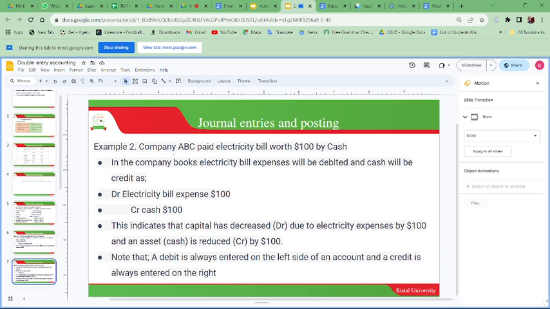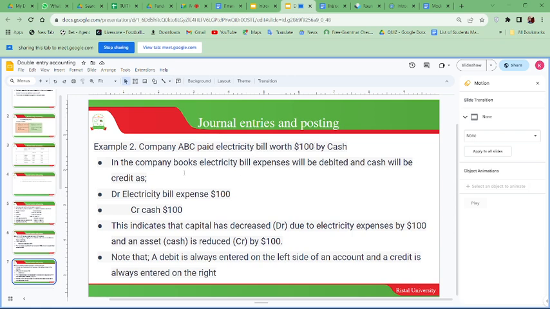So in these journal entries, we look at the side of the company only, the side of the business only. So here the business was losing 100 USD to electricity. It paid using cash.